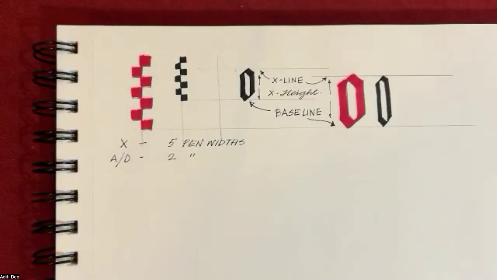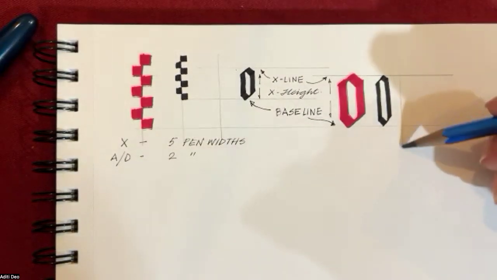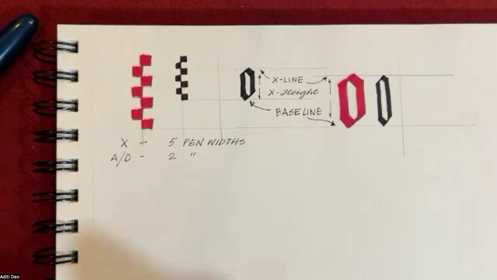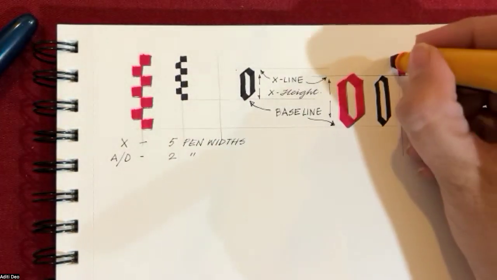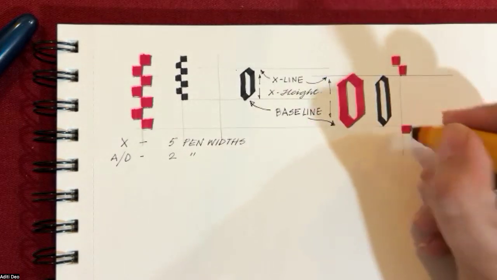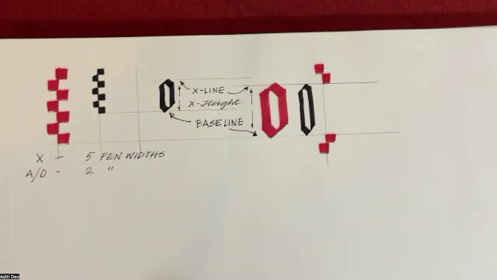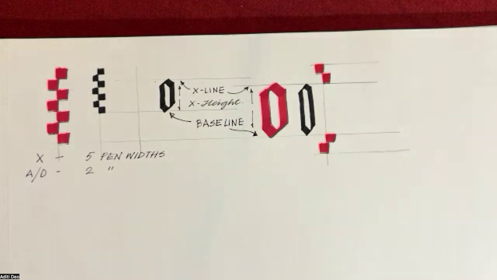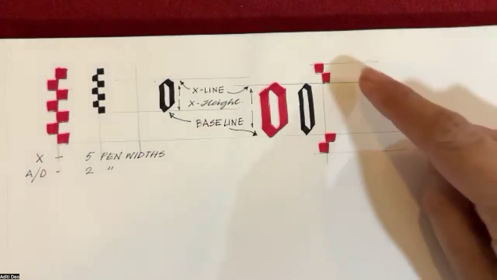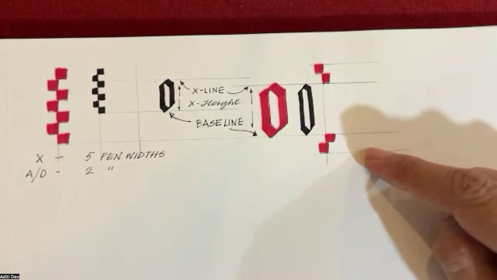So this means that if I want to make an ascender and descender, I have to add 2 pen widths to the top and the bottom. Okay, this is the ascender space, this is the descender space.